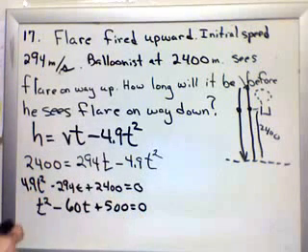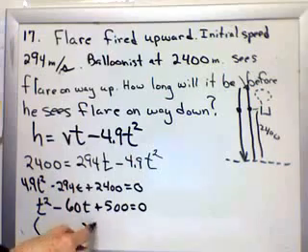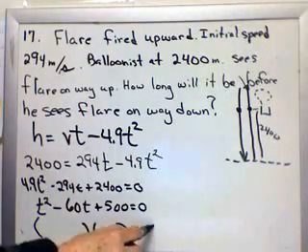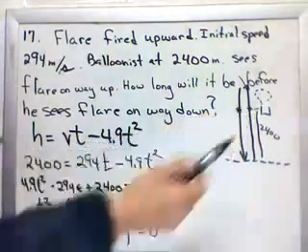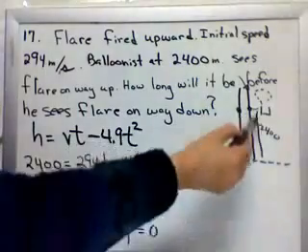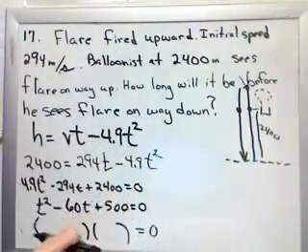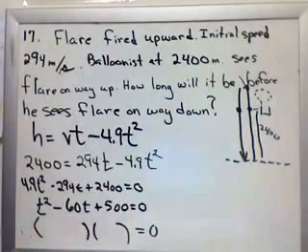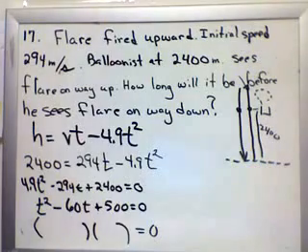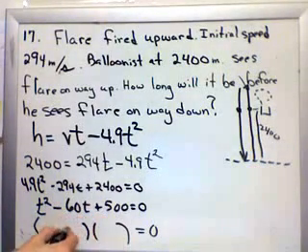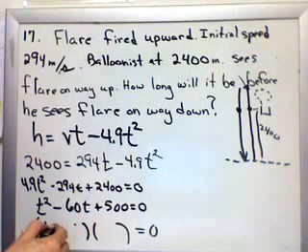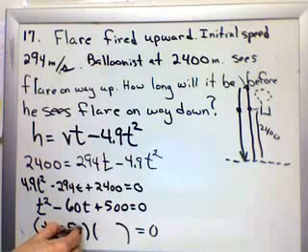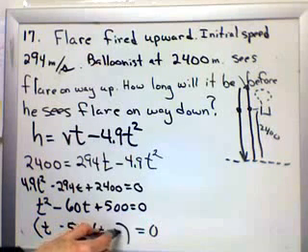So now all I have to do is factor this problem here, and I will have my two answers for the times when the projectile is at the height 2,400 meters. So that's pretty easy to factor, right? How about 50 and 10 adds up to 60, so t minus 50, t minus 10.